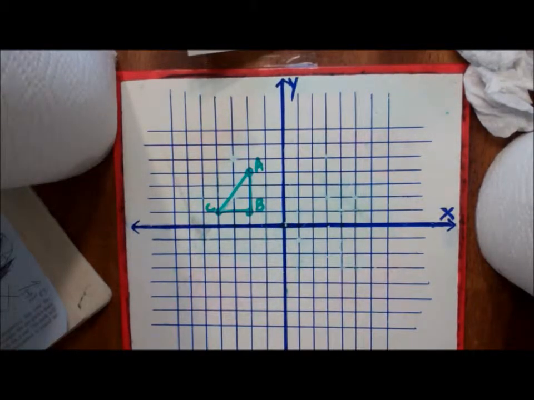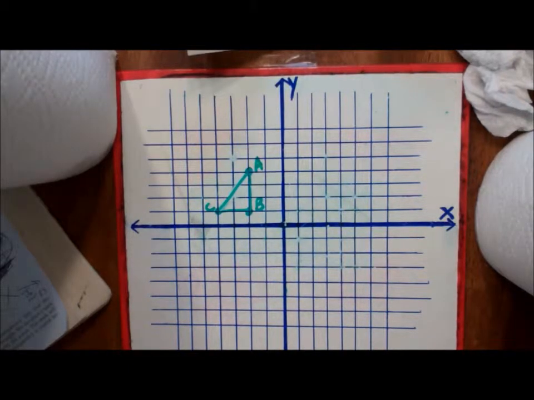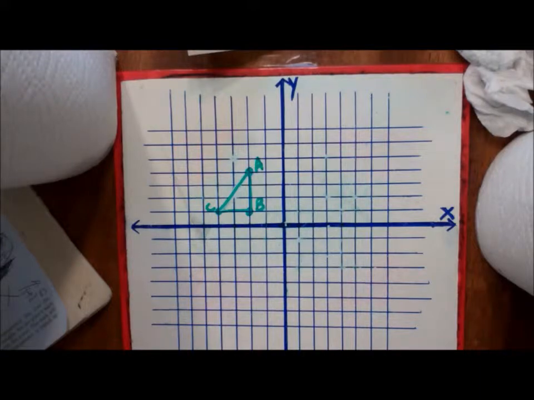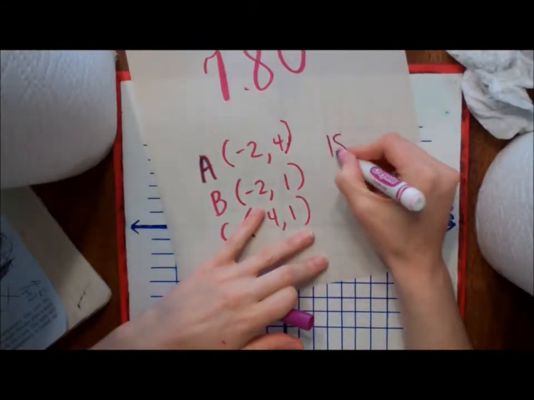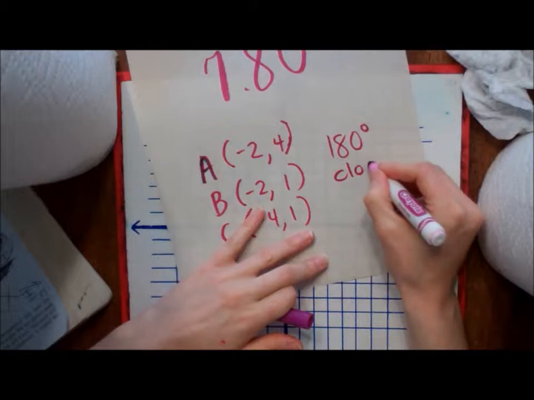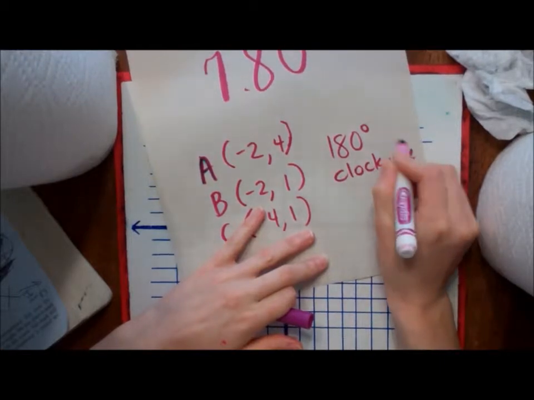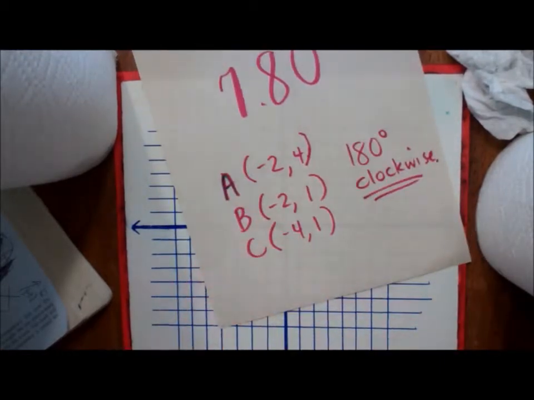Now, that's triangle ABC. Now, what they are wanting us to do is rotate this triangle 180 degrees clockwise. Now, let's go back to our notes.